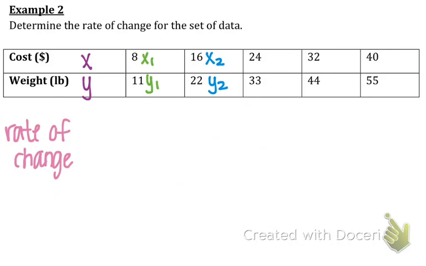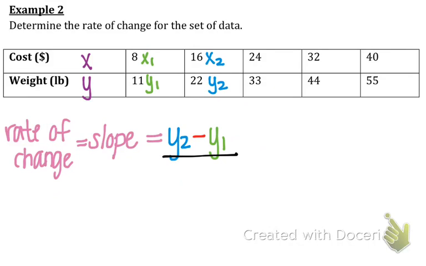The rate of change is another way of describing the slope because we are comparing how the y's are changing compared to how the x's are changing. So we use our same formula, y sub 2 minus y sub 1 over x subscript 2 minus x subscript 1.